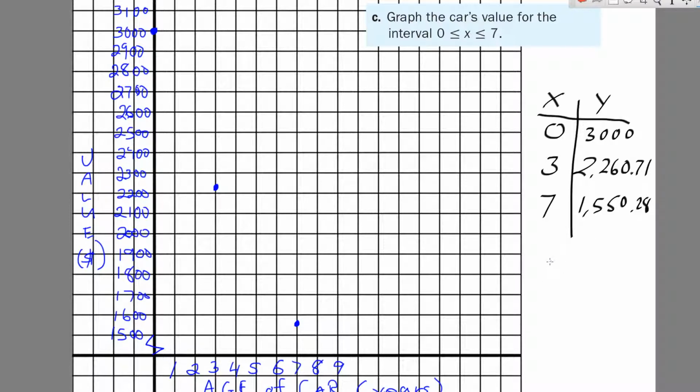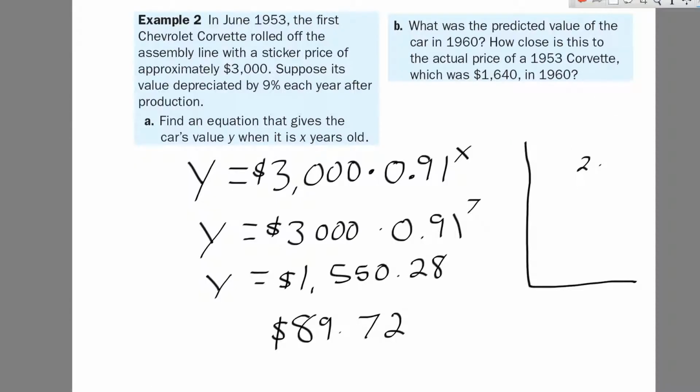So let's look at one last question regarding the car. The car's value for the interval 0 to 7 is given here. What about in 2006? What would the price of the car be predicted to be at that point in time?